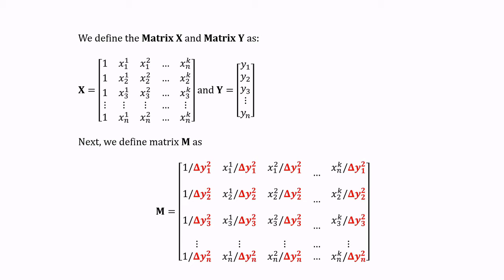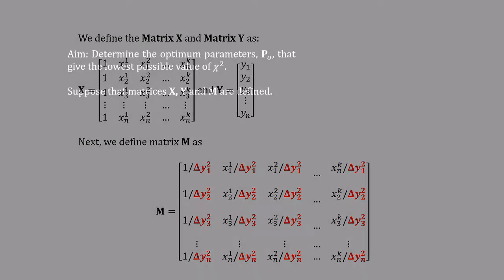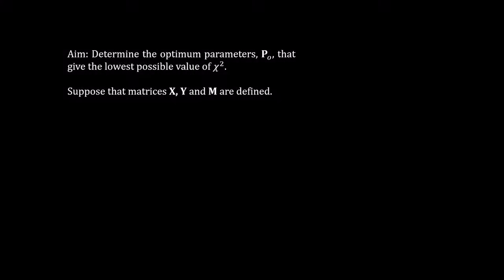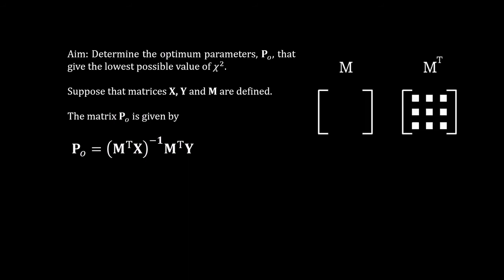Once we have prepared the matrices X, Y, and M, we can simply calculate the optimum parameters P0 using the following formula. Here, the symbol M with the superscript T indicates the transpose of matrix M. From the formula, we also need to calculate the inverse of a matrix.